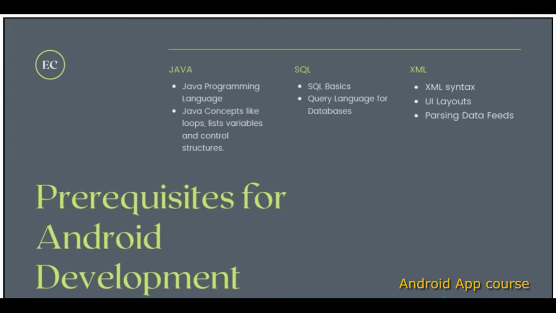You need to know concepts like loops, variables, and control structures, and how you manage them. Basically, you should have a complete grip on the Java language. Only then can you be a good Android developer.